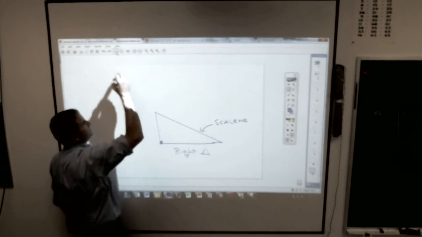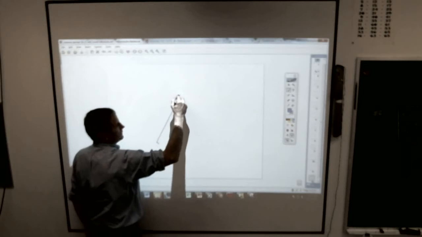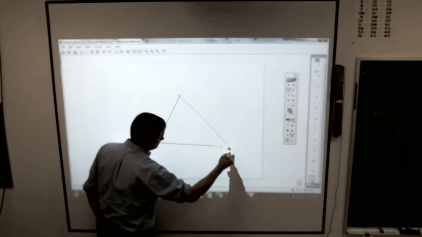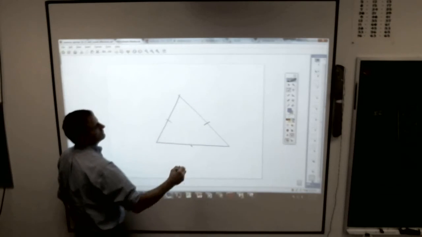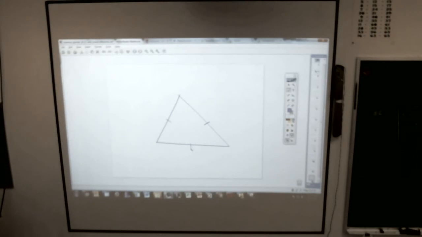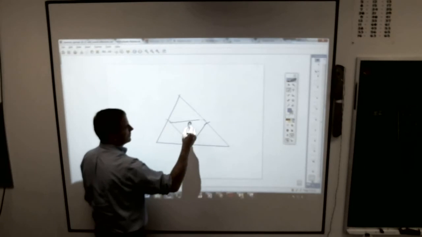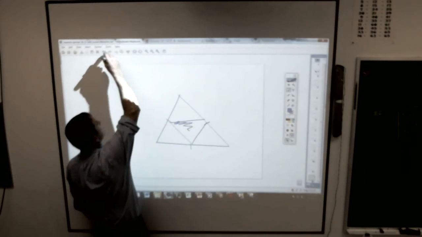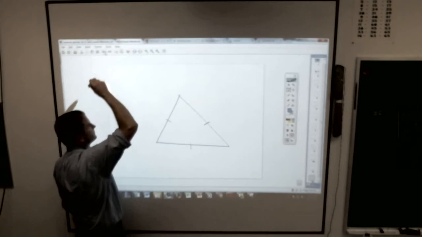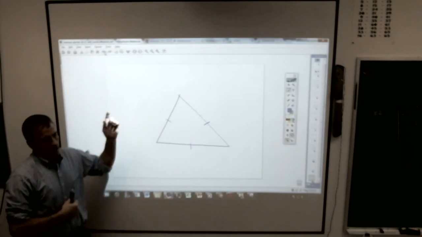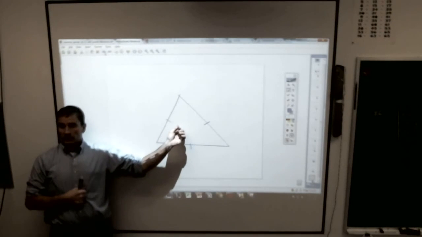How about this one? Kind of looks like a nuclear thing. How does that work? It looks like a triangle. Classify this triangle based on its angles.